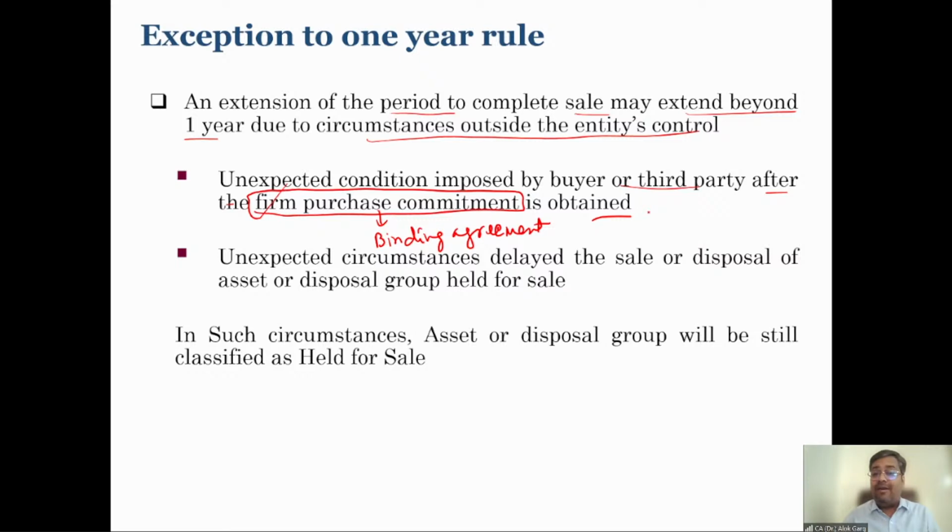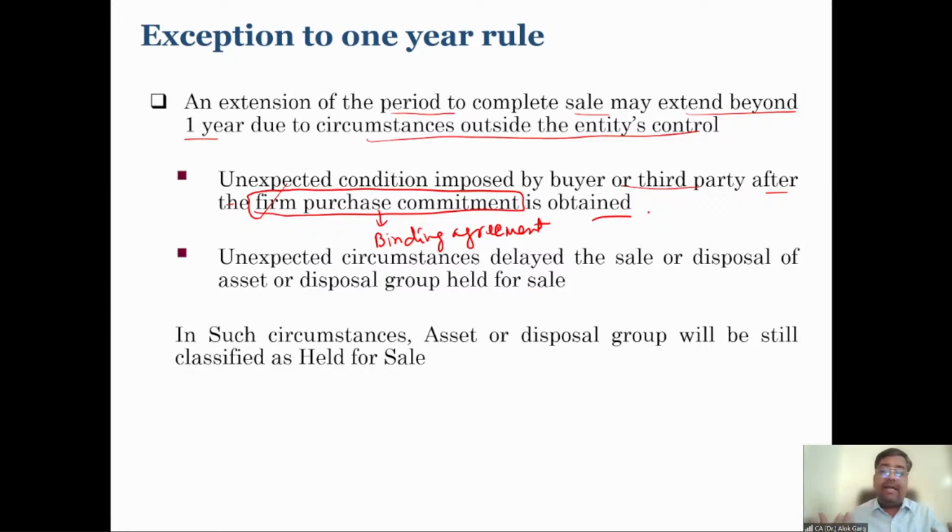And when I start running this factory, if the pollution department comes, I will be liable to pay severe penalties. So I want you to clean up these pollutants, clean up these chimneys. So the buyer has imposed some conditions on the seller after this binding agreement.